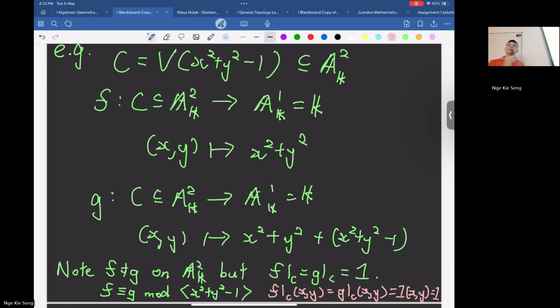Okay? I think it's a good idea here to distinguish whether the equality happens in the function space or after evaluation. It's pretty important here.